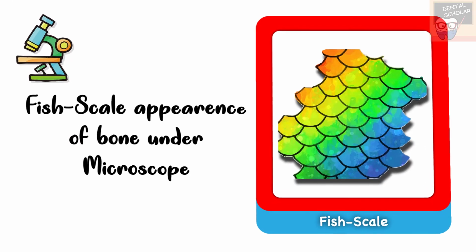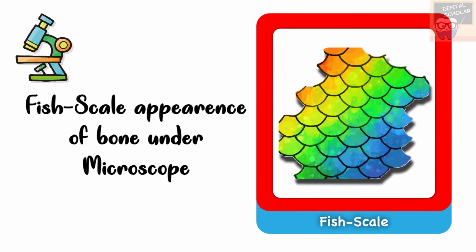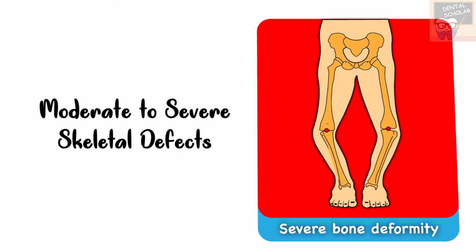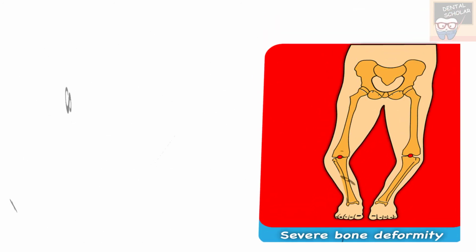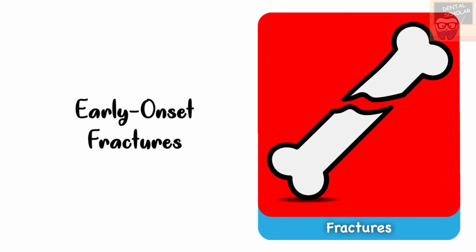Under microscope, the bone shows fish scale appearance. So while in type 5, the appearance under microscope was mesh-like, in type 6, the appearance under microscope is fish scale-like. Moderate to severe skeletal defects are seen in this type, and early onset fractures are also commonly seen.